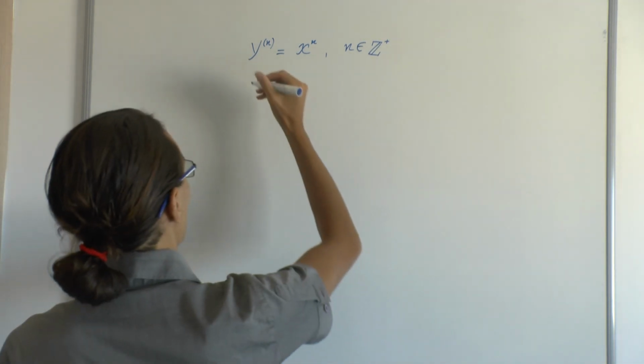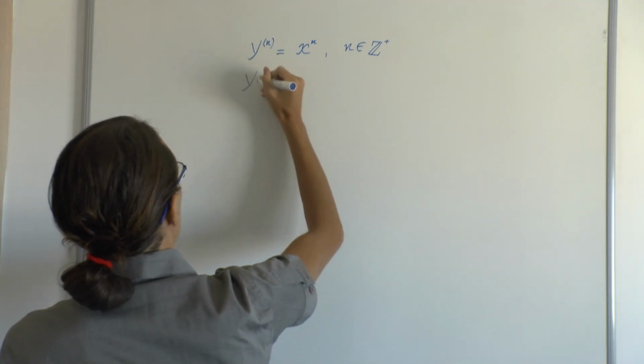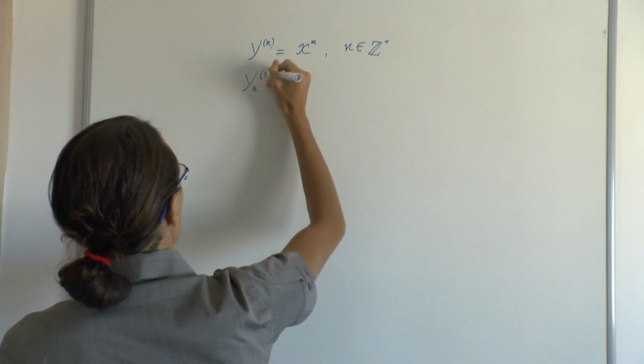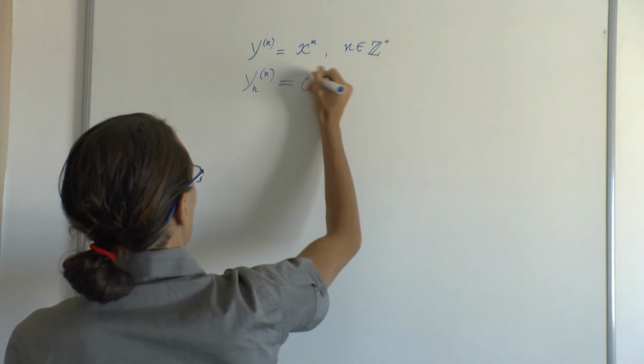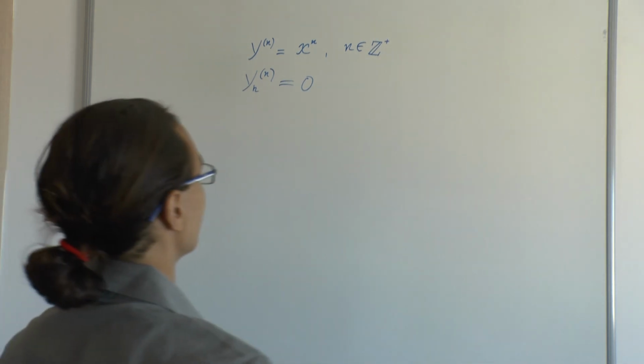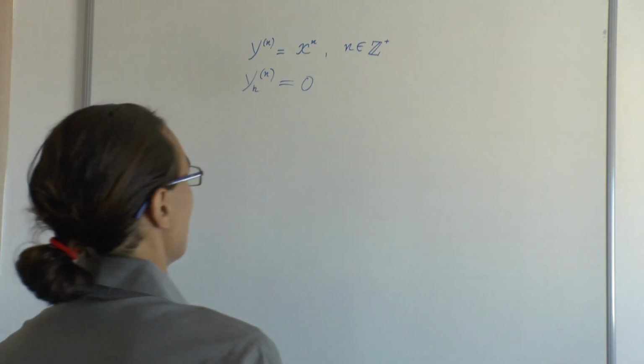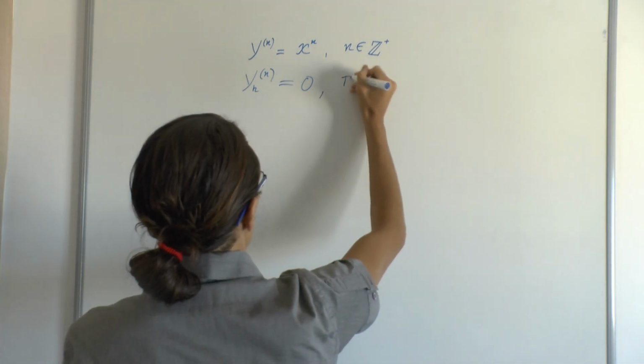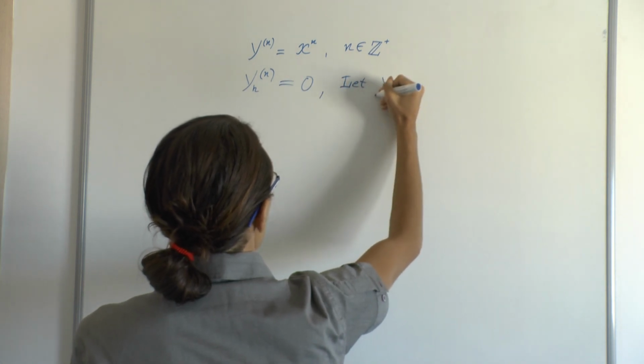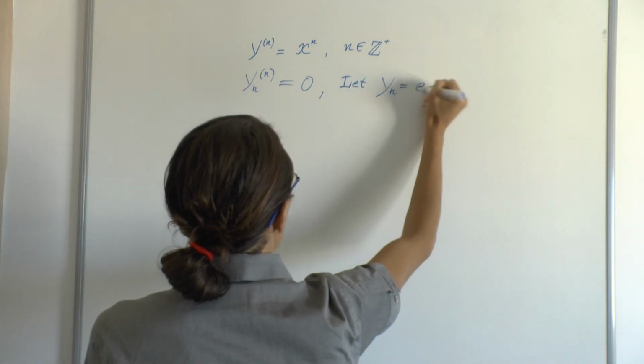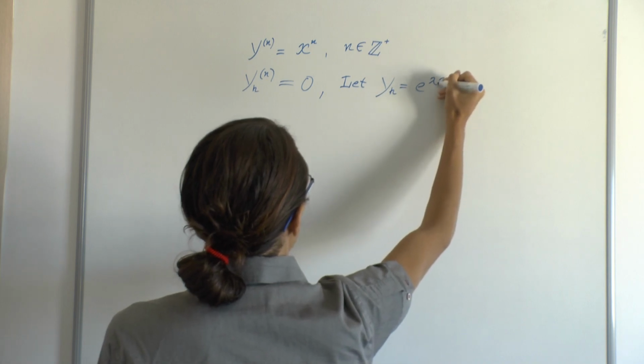So first, of course, we're going to want the homogeneous solution, setting the equation equal to 0. Then we let y_h equal e to the lambda x.